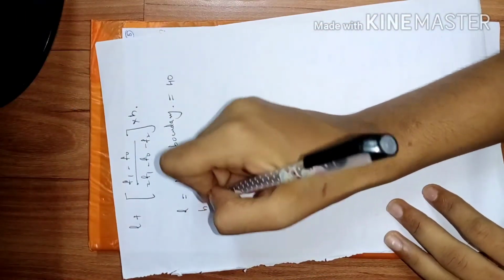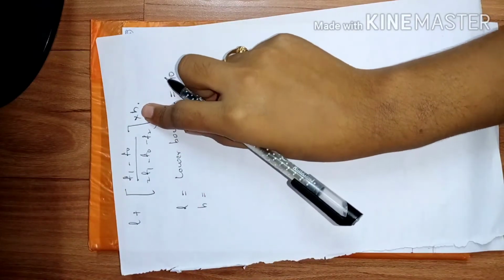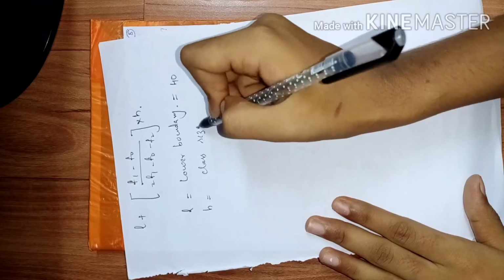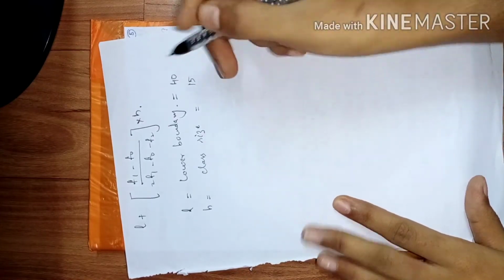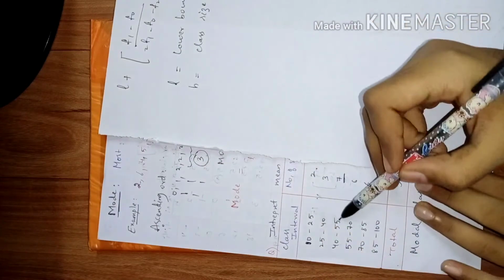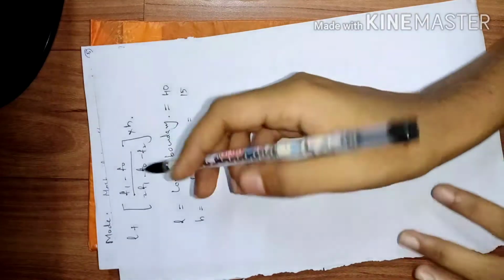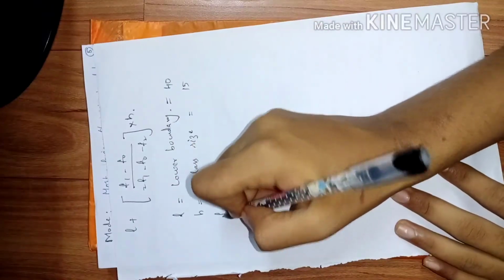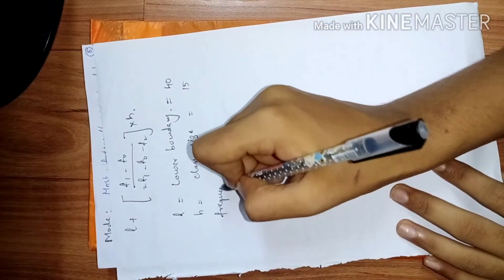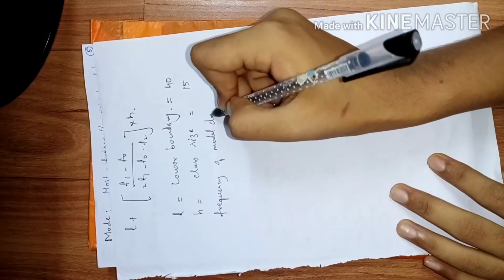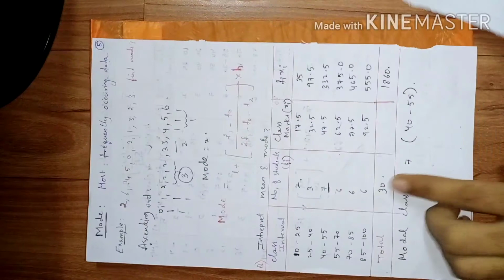Next, what is the value of h? H is the class size. We already saw this in mean. Class size is 15, friends, because if you subtract any of these boundary values, you will get 15: 55 minus 40 or 40 minus 25. Each value is 15. So, frequency of the modal class. This is the modal class, friends.